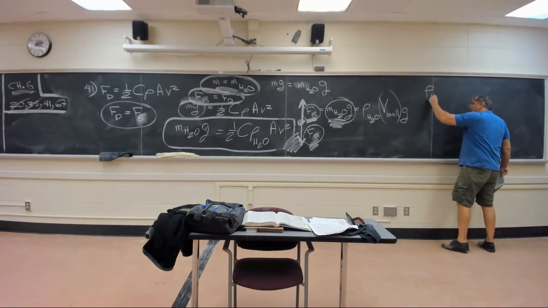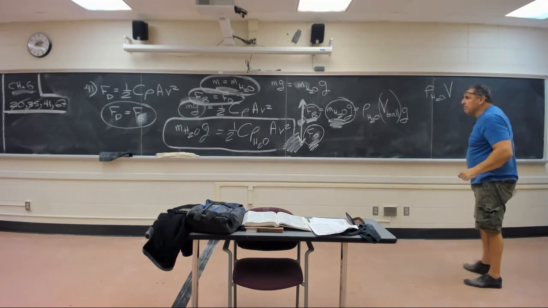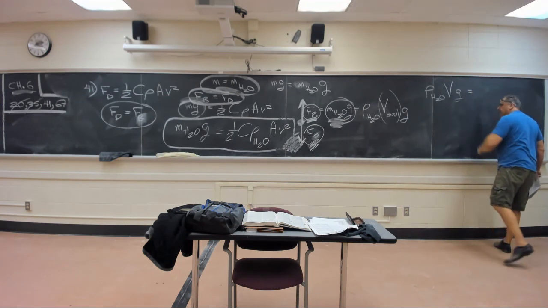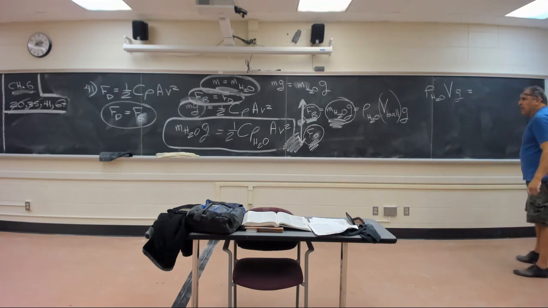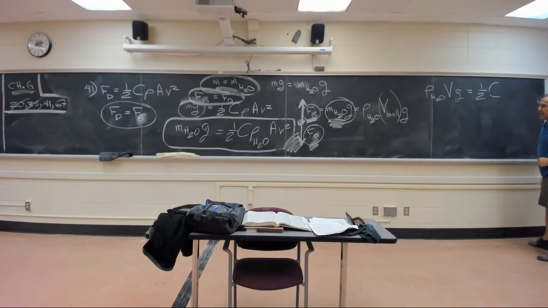M H2O is rho H2O times the volume times g. That's the buoyant force. We've got 1/2 C rho H2O A v squared.